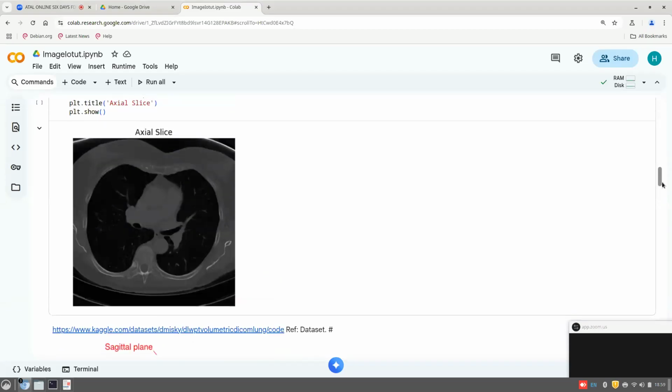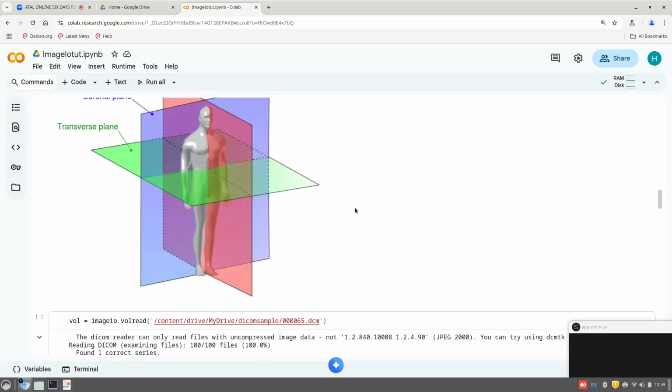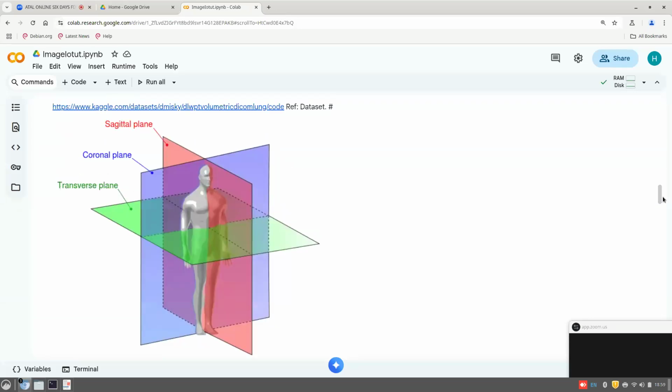So this axial slice is along the transverse plane. I have seen that when a CT scan is taken, the patient's whole body goes inside a CT machine, and X-rays fall over the patient to take the entire 3D image. We then make slices of that 3D image, which is like a bread, along the transverse plane, coronal plane, or sagittal plane to get different CT scan images.